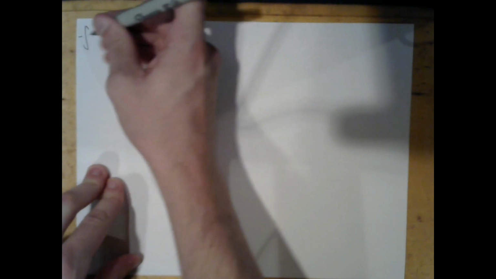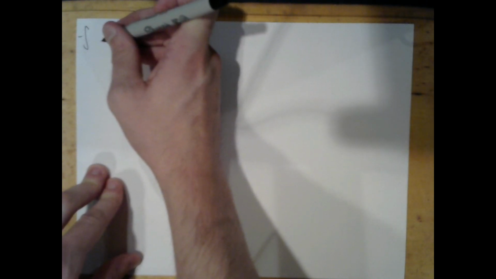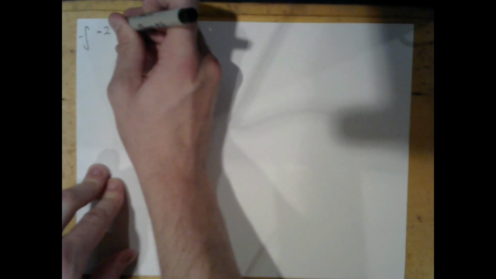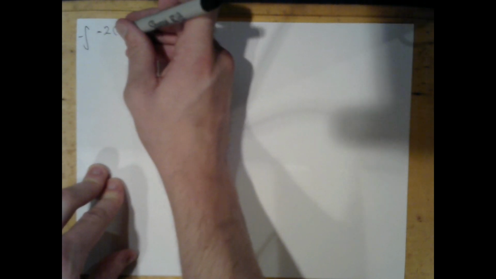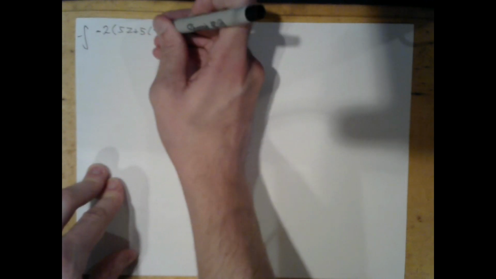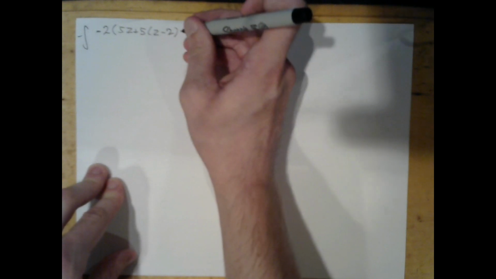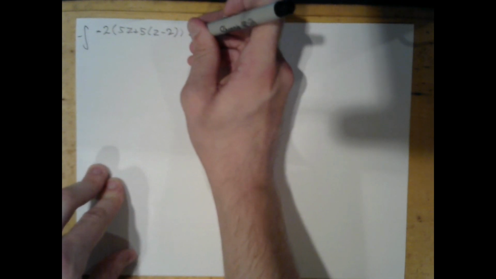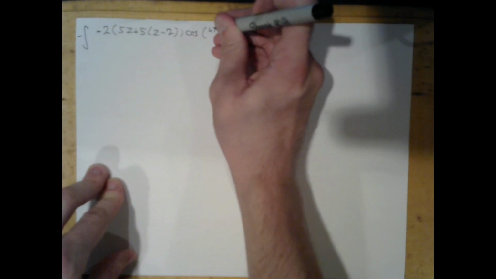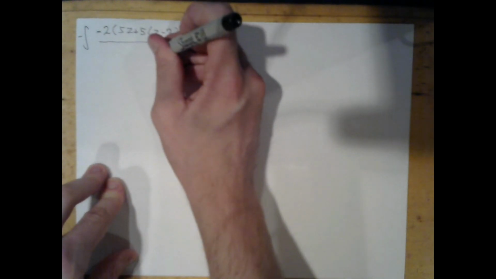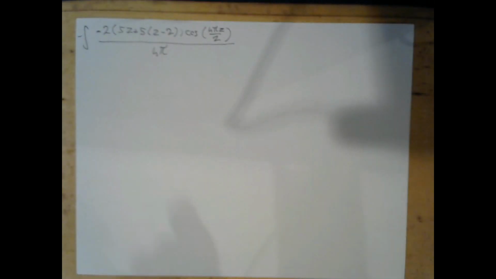It's going to be the negative integral of negative 2 multiplied by 5z plus 5 times z minus 2, cosine h pi z over 2, all over h pi.